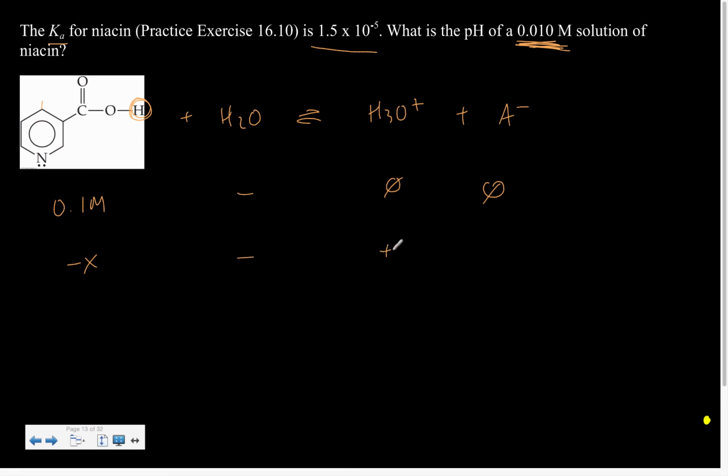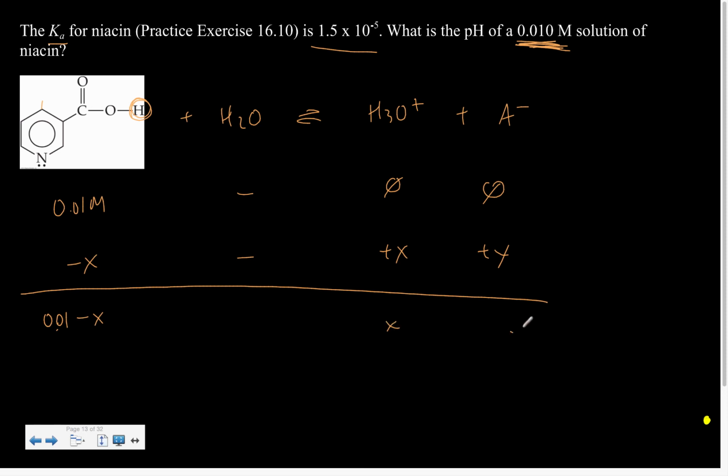I'm going to gain and gain, which means that I'm going to have 0.01 minus x, x, and x. Which means that then we're just going to set this all up. So I know that my Ka is going to be x times x over 0.01 minus x, and all of this is going to equal 1.5 times 10 to the negative fifth.